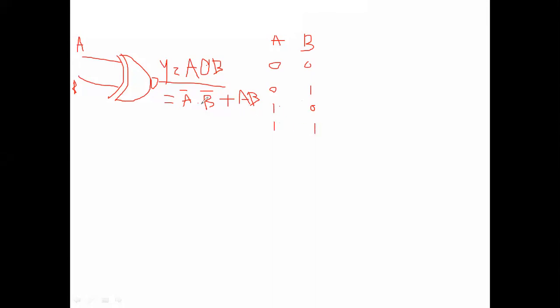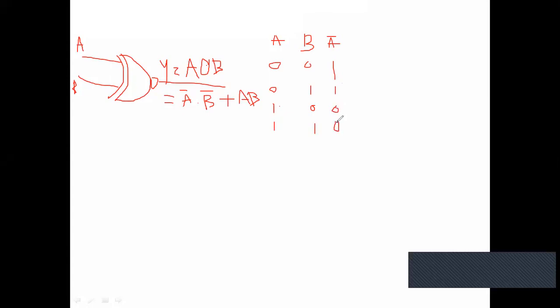Okay, A bar dot B bar. We know A bar is the inversion of A. A is 0, A bar is 1. A is 0, A bar is 1. A is 1, A bar is 0. A is 1, A bar is 0. Okay.